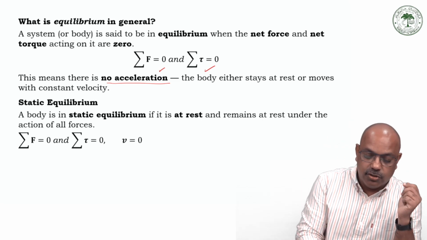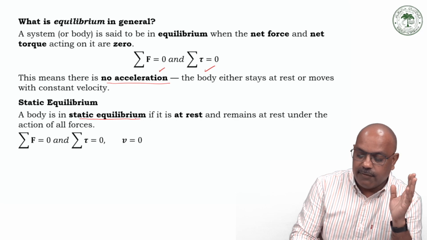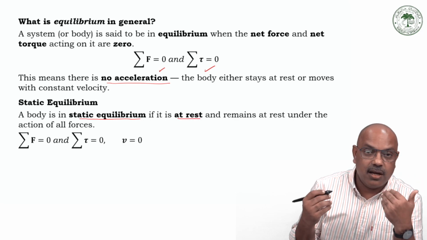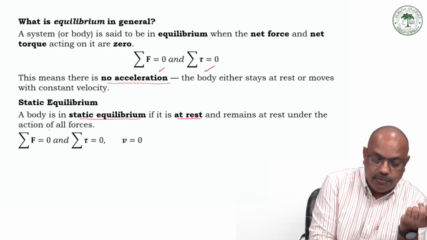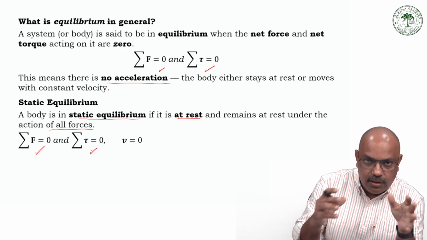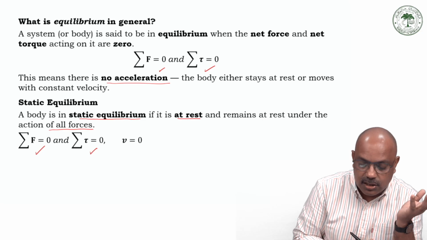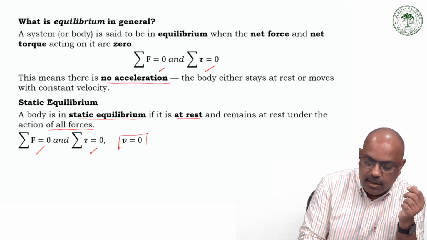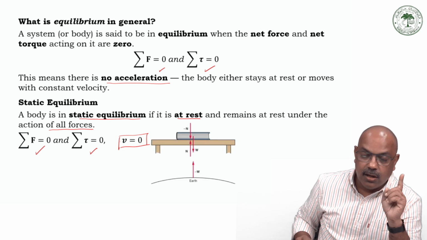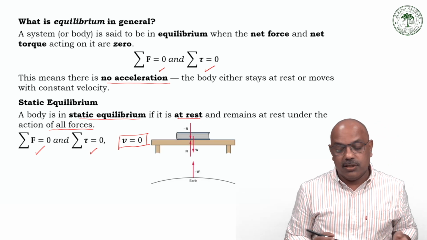A body is said to be in static equilibrium if it is at rest, with no acceleration, and it remains at rest until the action of all forces is 0. So all effective forces are 0, or when you talk about rotation, torques are 0, then overall there is no velocity, so there is no acceleration.